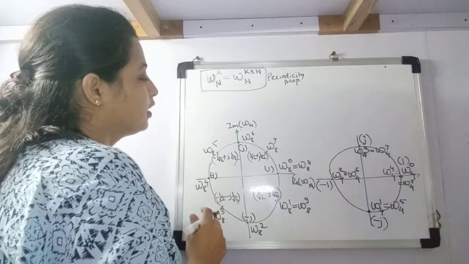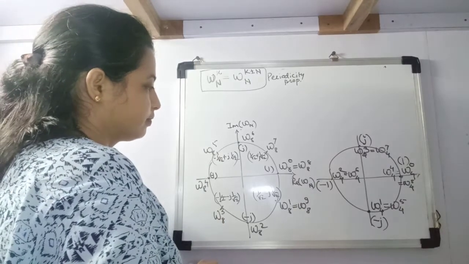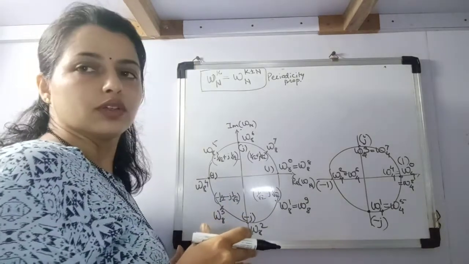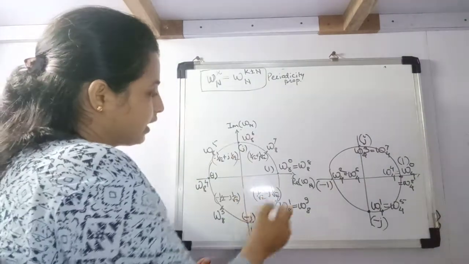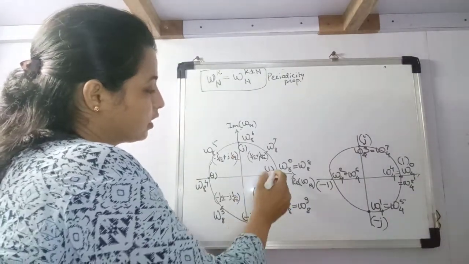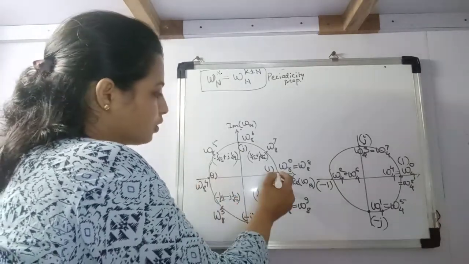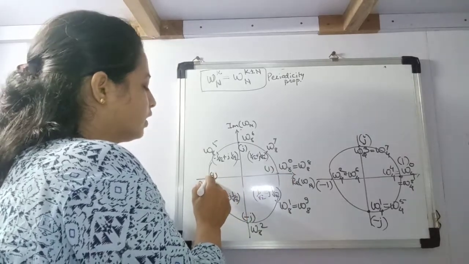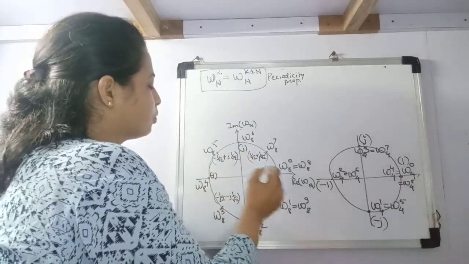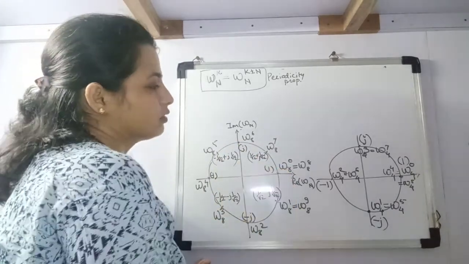Okay. Now you can observe here, if you are traversing by half the number of points, suppose this is an 8-point circle and you travel 4 points, 1, 2, 3, 4, the magnitude is reversed: 1 becomes minus 1. Again from this point if you travel 4 points, 1, 2, 3, 4, you are going to get plus 1. Okay.